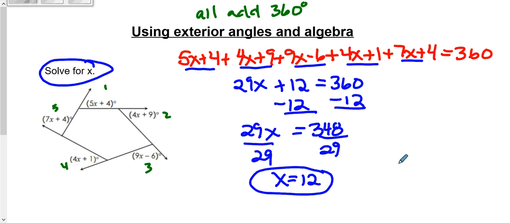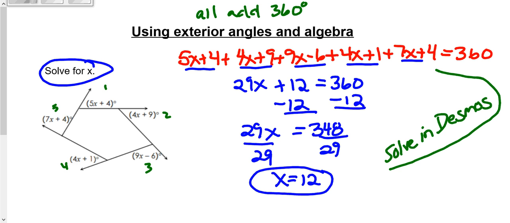So you can take the entire equation just like you see it, the 5x plus 4 and so on, equals 360, right into Desmos, and it will give you a line that should be vertical right through x is 12 on the x-axis. That lets you know that's your answer.